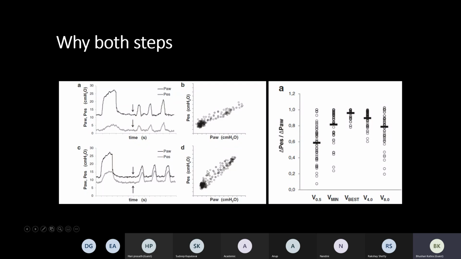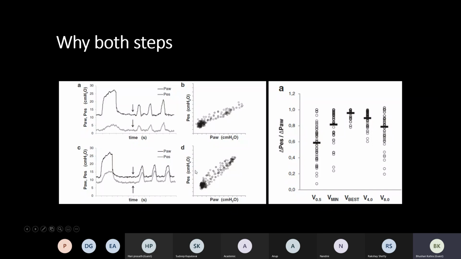Why are both steps necessary, the occlusion test with Baydur's maneuver and the non-stress volume? This is because only at volume best, which is this volume in that paper, is the relationship between esophageal and airway pressure more linear. Apart from that, this ratio of esophageal to airway pressure is all haywire if your volume is not proper.